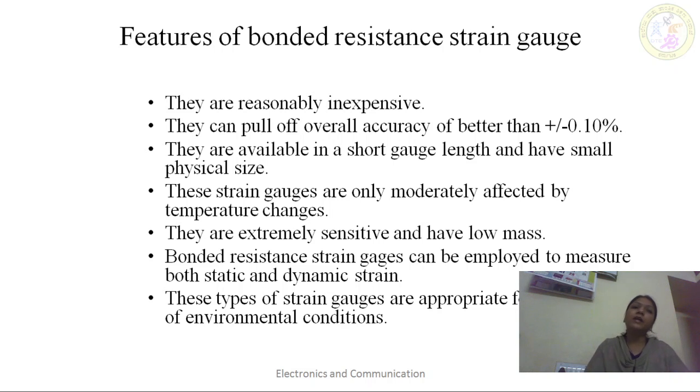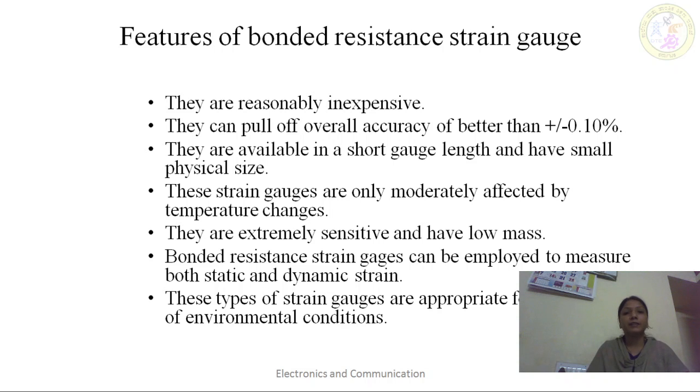Then what are the features of bonded resistance strain gauge? They are reasonably expensive. They can pull off overall accuracy of better than plus or minus 0.10%. They are available in a short gauge length and have small physical size.